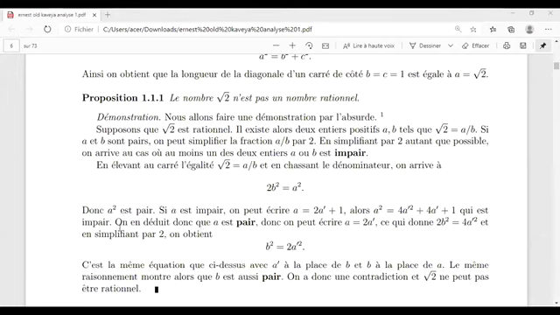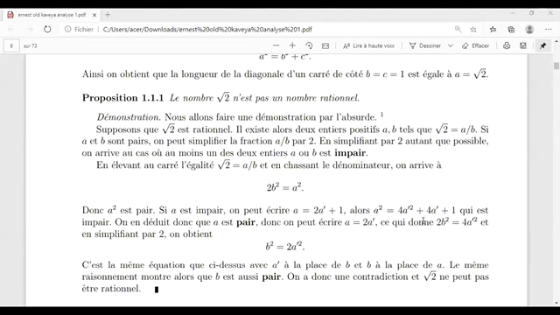Okay. On déduit donc A est pair. Donc on peut écrire A égal à 2A prime. If we suppose that A is equal to 2A prime, ce qui donne 2B au carré égal à 4A prime. If we annul cette part ici, if we simplify and forget about this part which is making it impair, we are only going to remain with 4A prime squared, which is going to be equal to A squared.